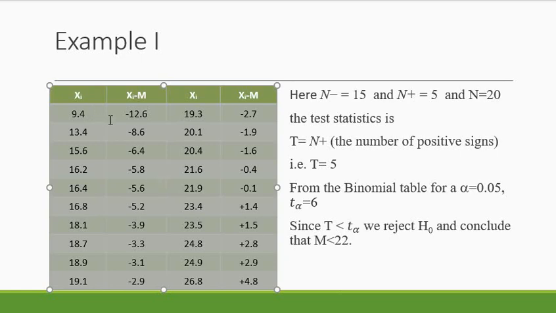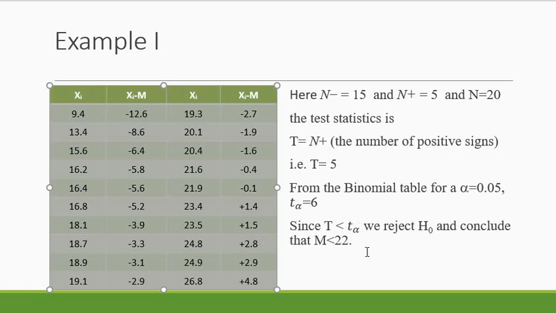So I got this as my values, this selected portion, from which I have 1, 2, 3, 4, 5, 6, 7, 8, 9, 10, 11, 12, 13, 14, 15 negative values and only 5 positive values. There is no zero, so we can have capital N equal to 20.